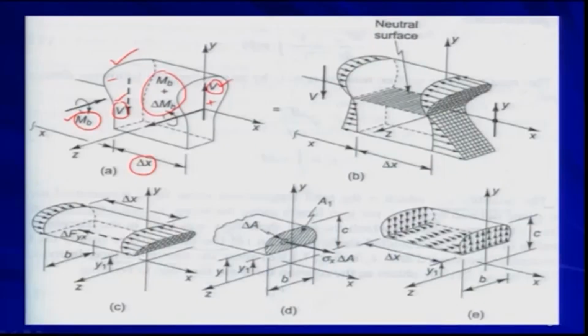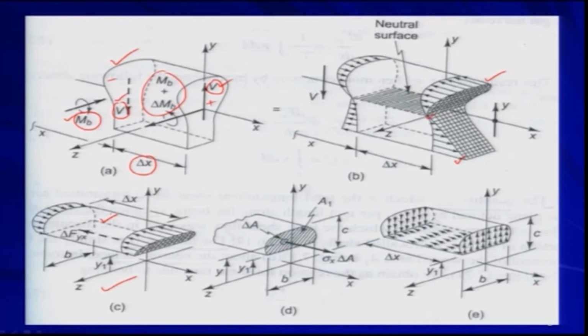Therefore, your distribution of the bending stress will be like that: maximum at the top fiber and the bottom fiber, whether it is compression or tension is a different issue, but magnitude-wise it will be maximum at the top and bottom fibers, whereas it will be simply 0 at the neutral surface. So, consider the equilibrium of the segment of beam. This is one segment we are considering in this figure.